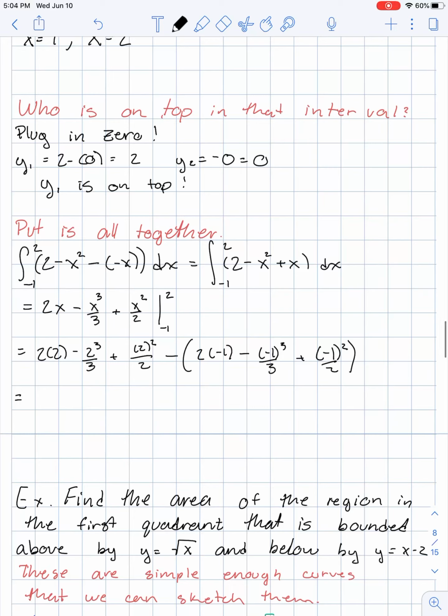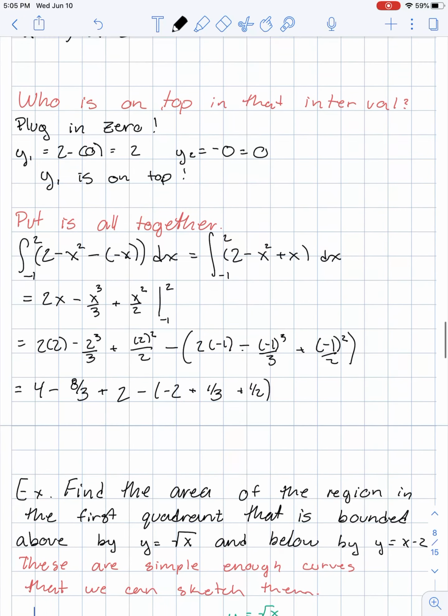Okay, so this is going to be 4 minus 8/3 plus 4 divided by 2. 2 squared divided by 2 is just 2, minus negative 2. Negative 1 cubed is negative 1, so this is negative 1/3, but there's a minus right there, so this is plus 1/3. Plus 1/2.